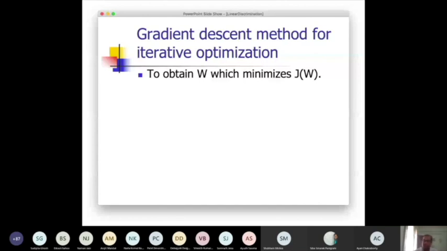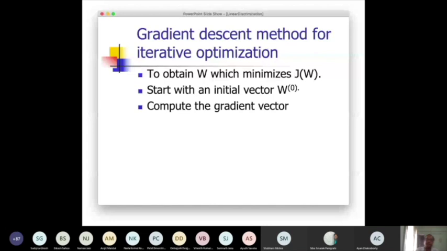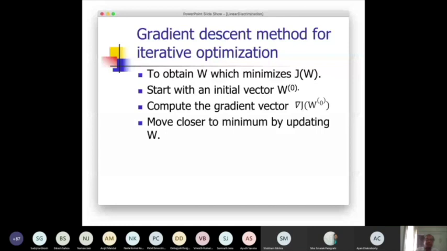So you are moving towards the decreasing direction of the functional value, and you go on doing this till you reach a point where you get almost zero gradient. That means you are not going to change the weight vector much. So you start with an initial vector, compute the gradient vector, and update your weight by moving in the opposite direction of the gradient, which is minus grad J(W).